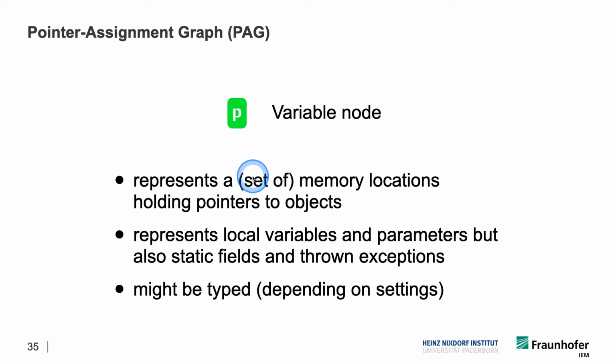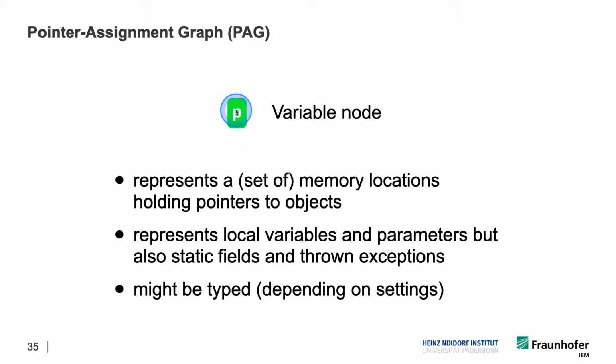Why are these sets of memory locations and not individual ones? Well, for instance, if you have a procedure that is called multiple times in your program, then you will have multiple instances of that procedure, right? And therefore, you will also have multiple memory locations that actually have the same name. And because we have a static view, they're all being represented by the same node, right?